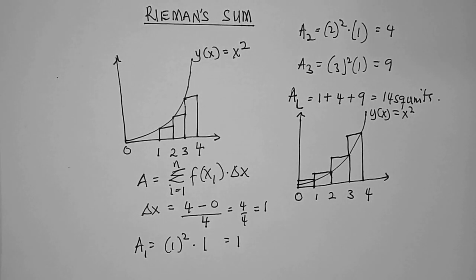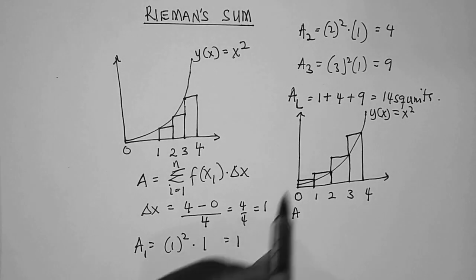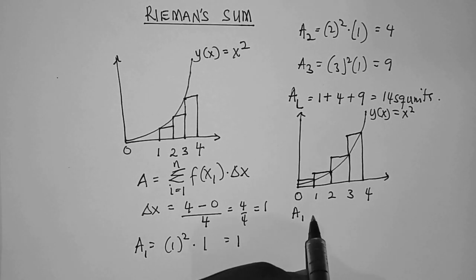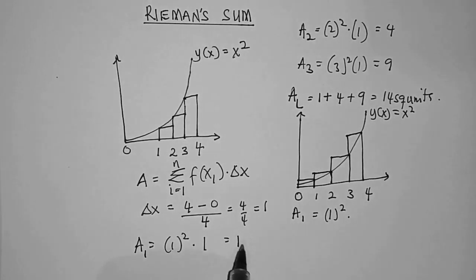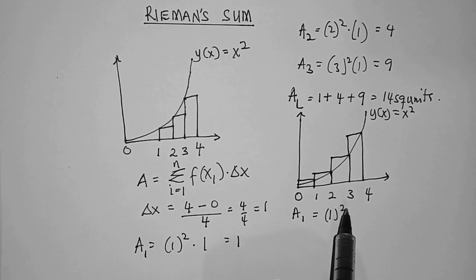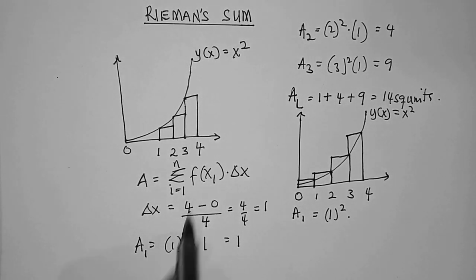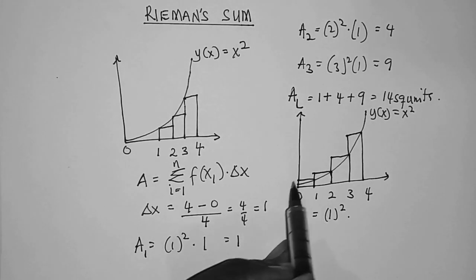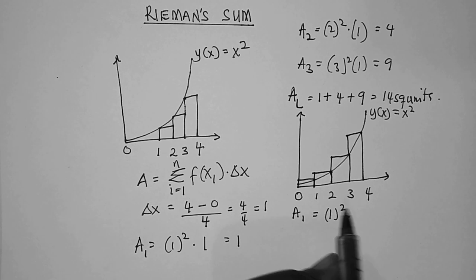This is y of x equals x squared. So let's compute the area for the right endpoint using the Riemann sum. A0 is 0, so I will not compute A0. Let's come to A1. That will be 1 squared times the width of the rectangle. Now, f of x is the height of the rectangle, and delta x is the width of the rectangle.